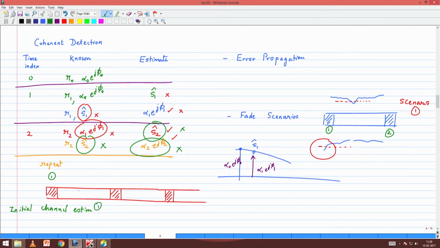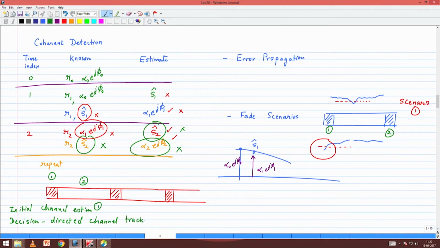And during the data portion, we do what is called decision directed channel tracking. I'll just explain that. Again, many of you will be familiar with it. Decision directed channel tracking is another way of saying that my decisions are used to keep making adjustments on my channel. Channel tracking.